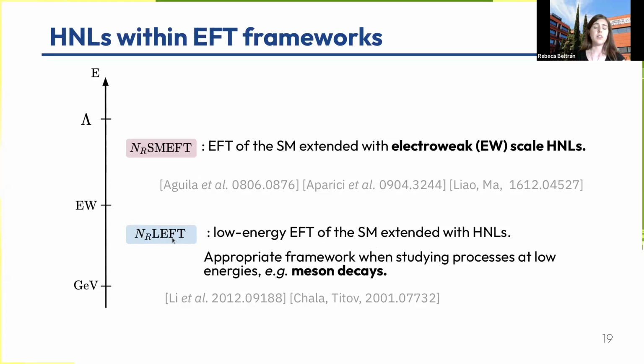In this case, the heavier degrees of freedom of the standard model, the top quark, the Higgs, and the weak gauge bosons, are integrated out. They have to be removed, and one has again to construct the basis of operators containing only the light degrees of freedom. But we will revisit this later. Now let's focus on this NR SMEFT.